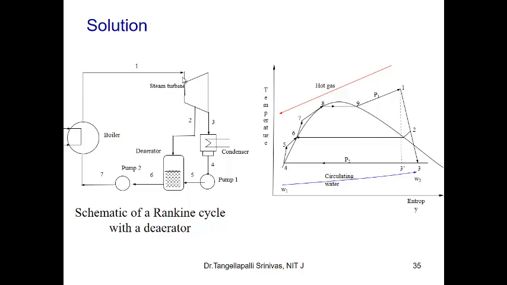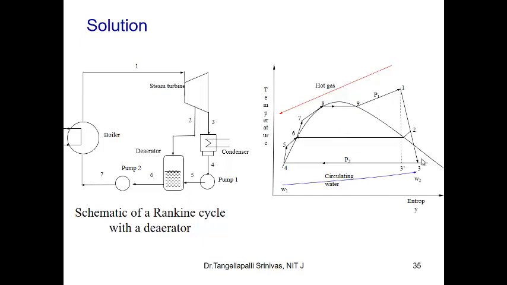The steam enters the turbine at 1, steam is taken out for the deaerator at state 2, and steam is expanded completely at state 3. 3 to 4 is the condensation, 4 to 5 is the pumping from condenser pressure to deaerator pressure, whereas in the second pump, the pressure is raised from deaerator pressure to the boiler pressure. These are all shown in the TS diagram.